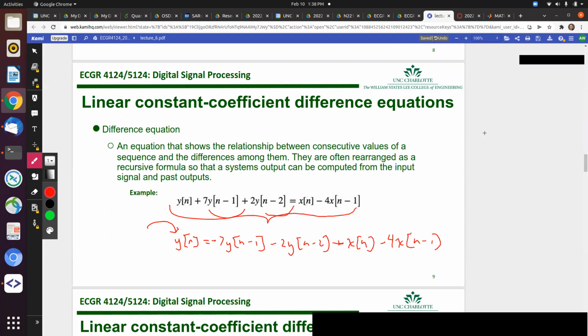That's because y of n, the output at time n, only depends on smaller values of n. All of the stuff on here is either n or something less than n. If this were n plus 1, then y of 0 would depend on y of 1, and so that would be not causal.